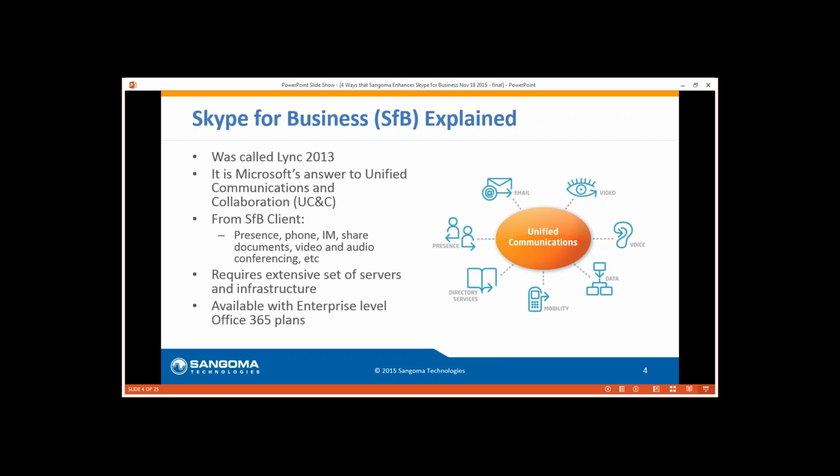It's a piece of software that you put on your desktop, and from that you're able to launch several modalities of communication all in one place. Okay, so that's what it's all about.